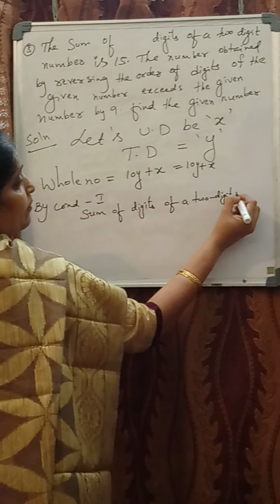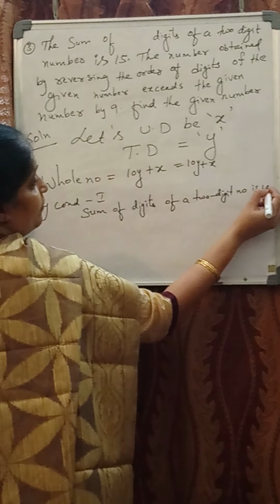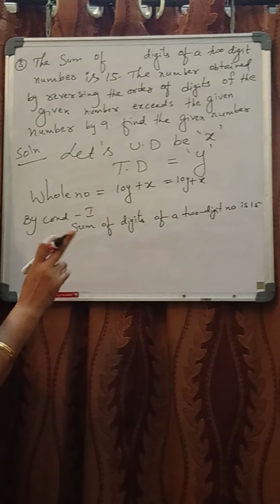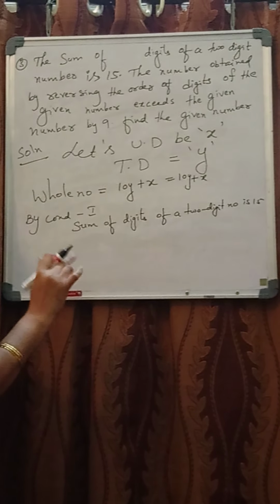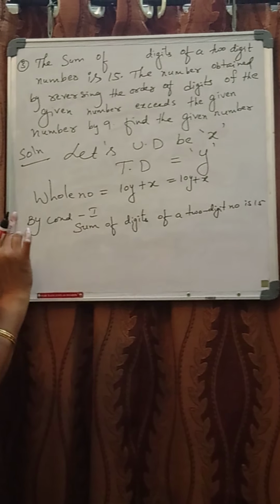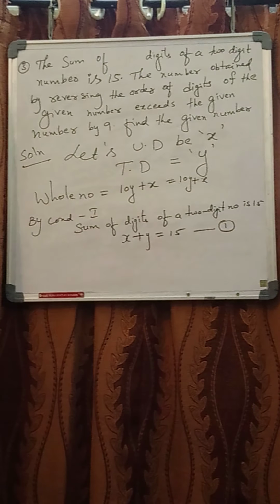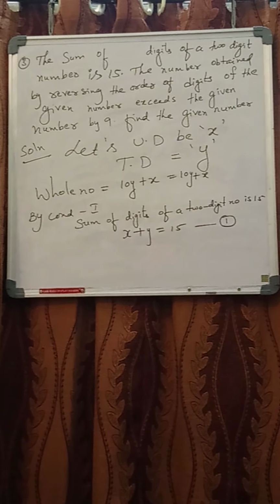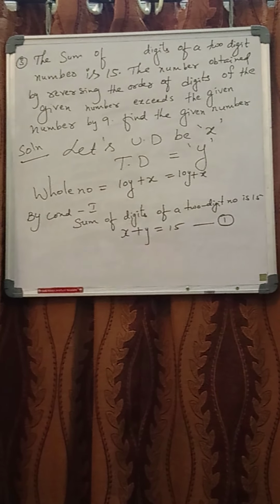What are the digits here? x and y are digits. x is the units digit, y is the tens digit. So x plus y is equal to 15. This is the first equation we got from the given condition. Next, children, the second condition. So what is the second condition here?